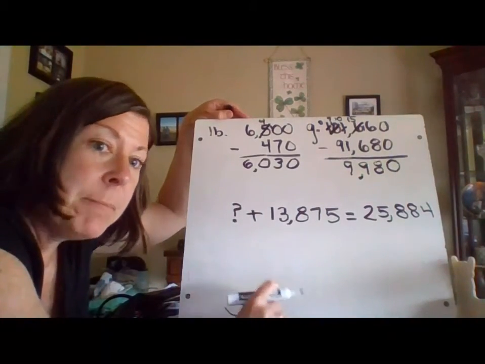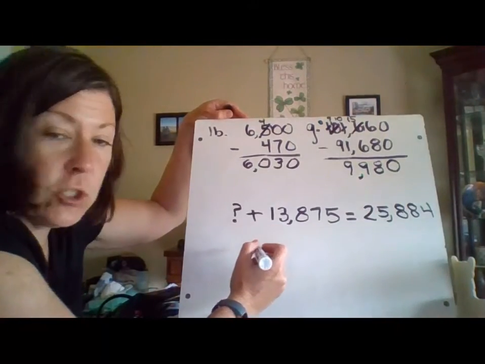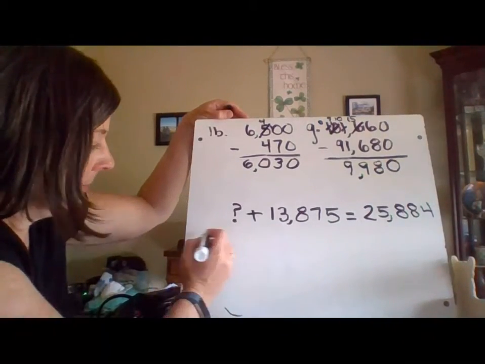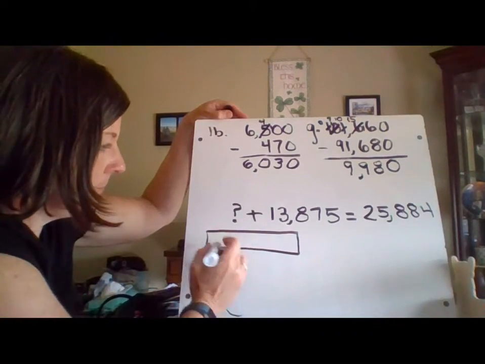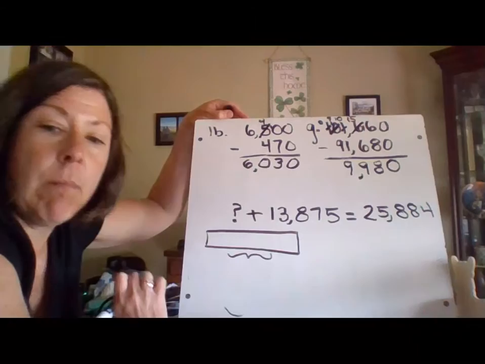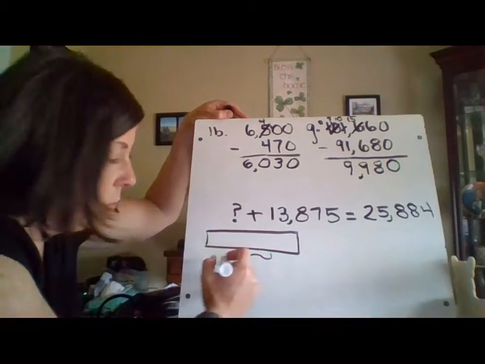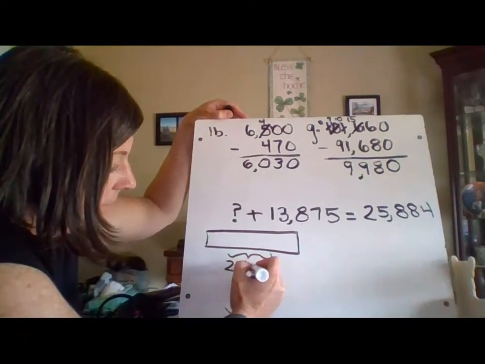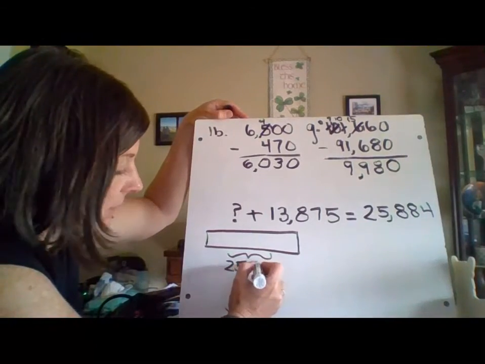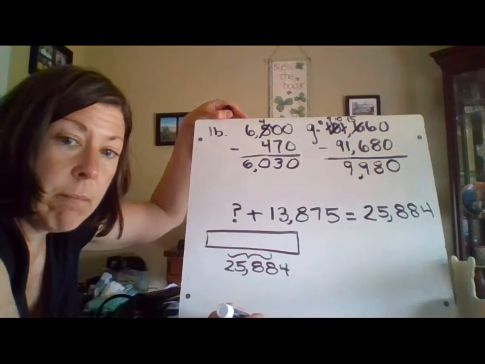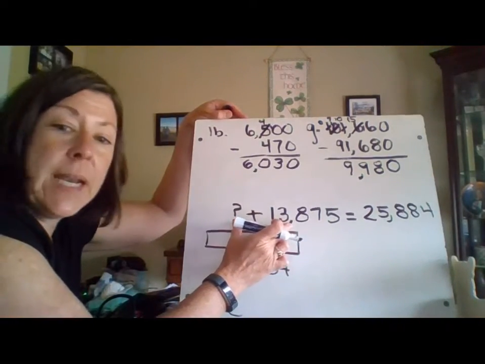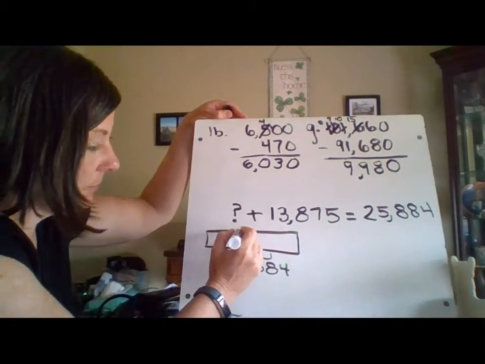Sum means total. So when I draw my tape diagram, the sum, the total, is 25,884. Then I have two parts here.